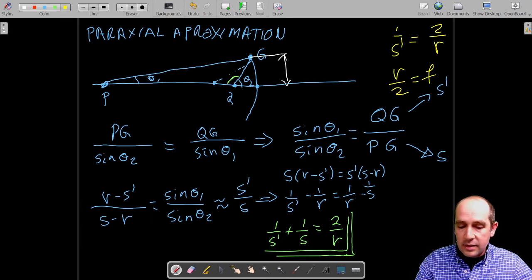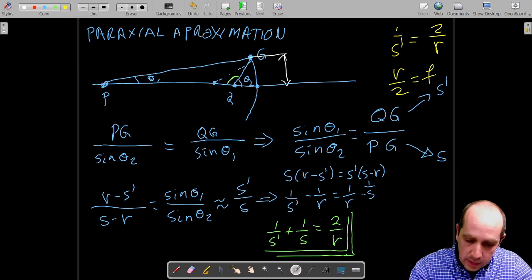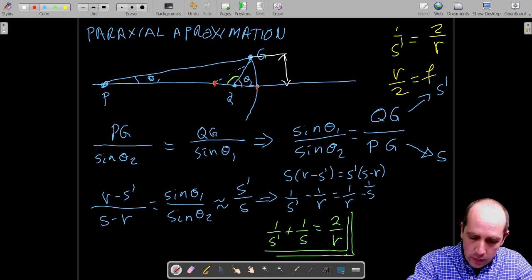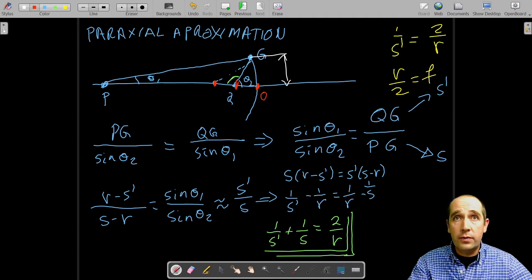So in this limit, when we take P very far, the image actually falls right in the middle between the radius and this point O. Right there in the middle, and that's where the focus forms.